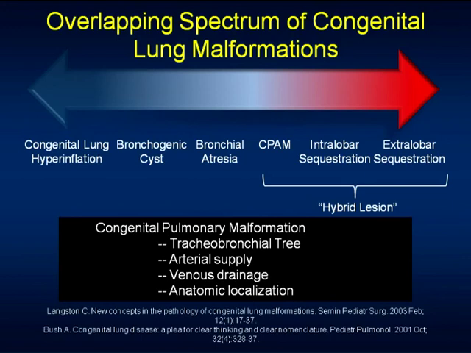So if you encounter a lesion that doesn't fit nicely into one category, use a generic term, congenital pulmonary malformation, describe the tracheobronchial tree, arterial supply, venous drainage, and precise anatomic localization, because that's what's going to matter if the patient's going to go to surgery.